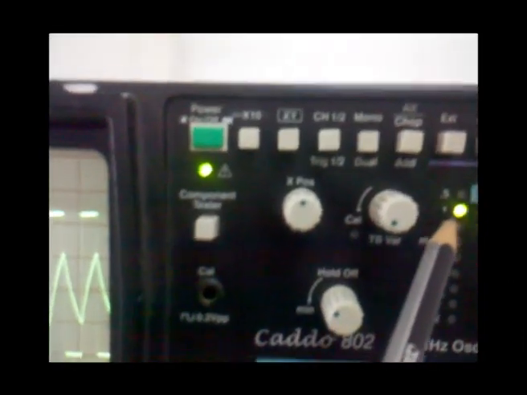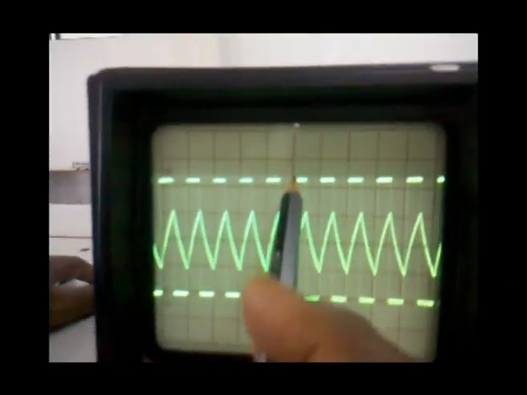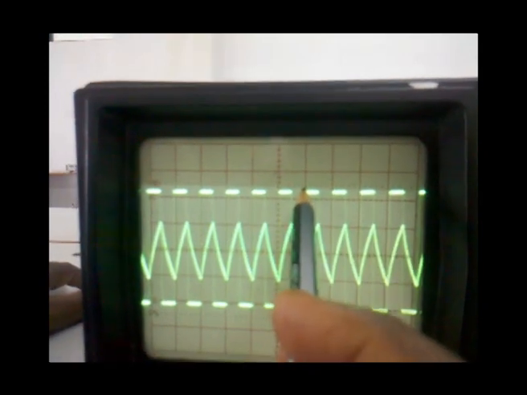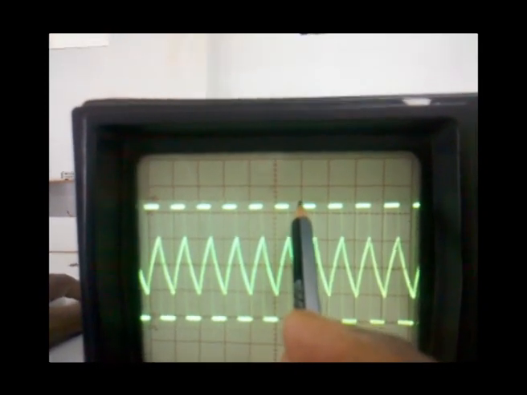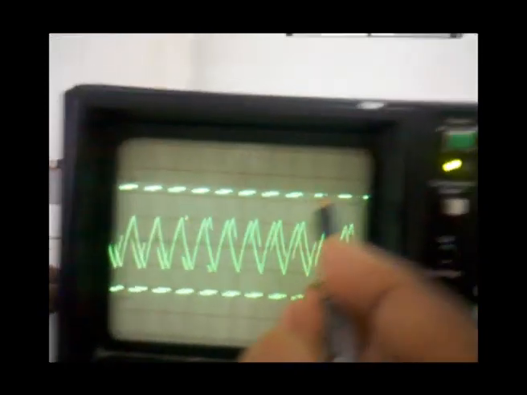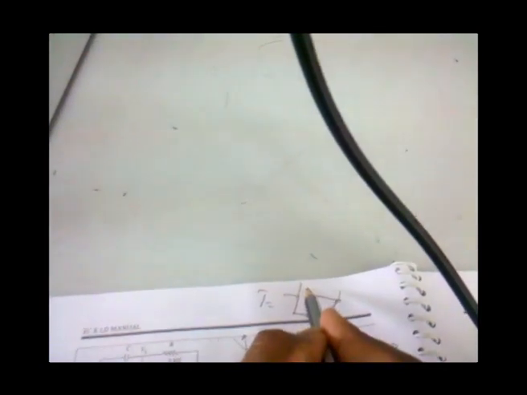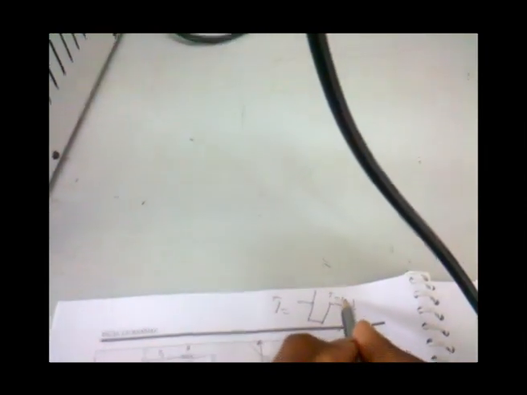T on plus T off is equal to the total period, which is 1 millisecond. So T on and T off together should be 1 millisecond, and we have 1 millisecond.